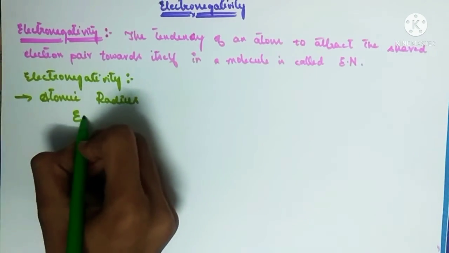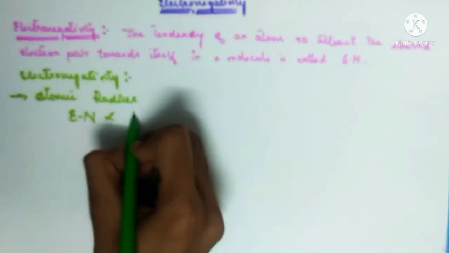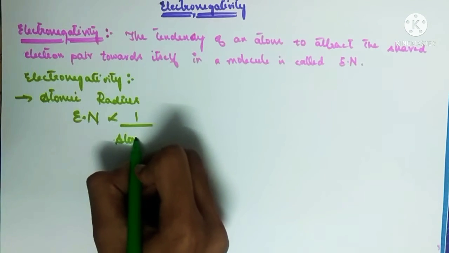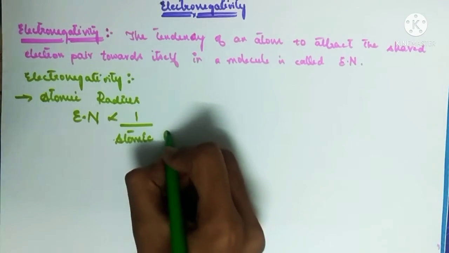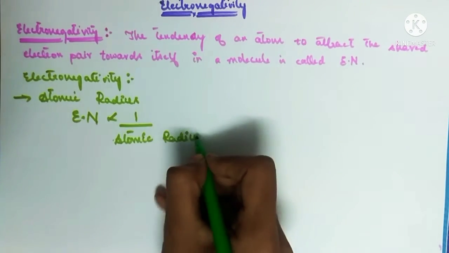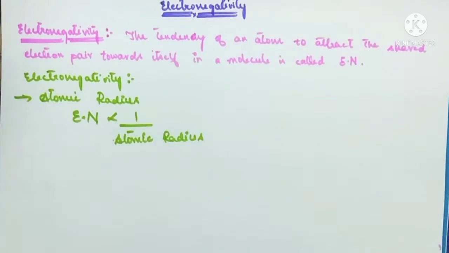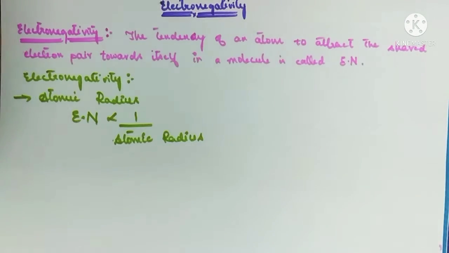Electronegativity is inversely proportional to atomic radius, because if the atomic radius is very large, the tendency of attracting the electron pairs is less. But if the atomic radius is very small, the attracting tendency is greater, so electronegativity is more in elements with smaller atomic radius.